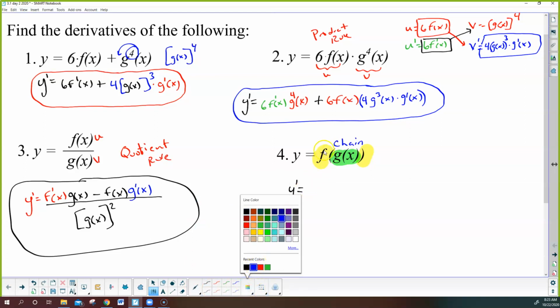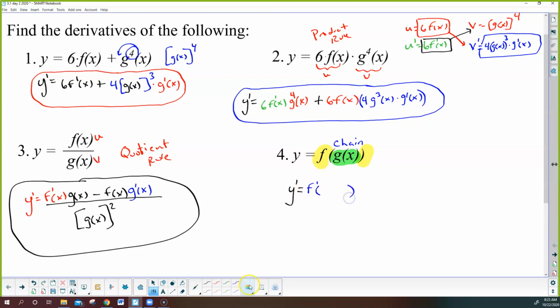So if I take the derivative of the outside, that's f prime, keep the inside exactly the way it is, and then multiply by the derivative of the inside, which is just g prime of x.